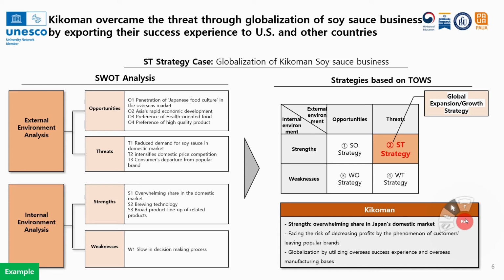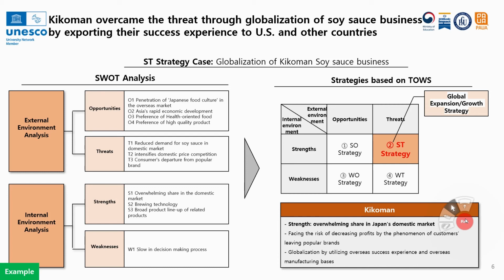Okay, let's look at the threats of the Kikkoman business. Reduced demand for soy sauce in the domestic market. So it's mature. The market of the soybean sauce is very mature in Japan, and there is intensified domestic price competition among the existing players and consumers' departure from popular brands like Kikkoman.